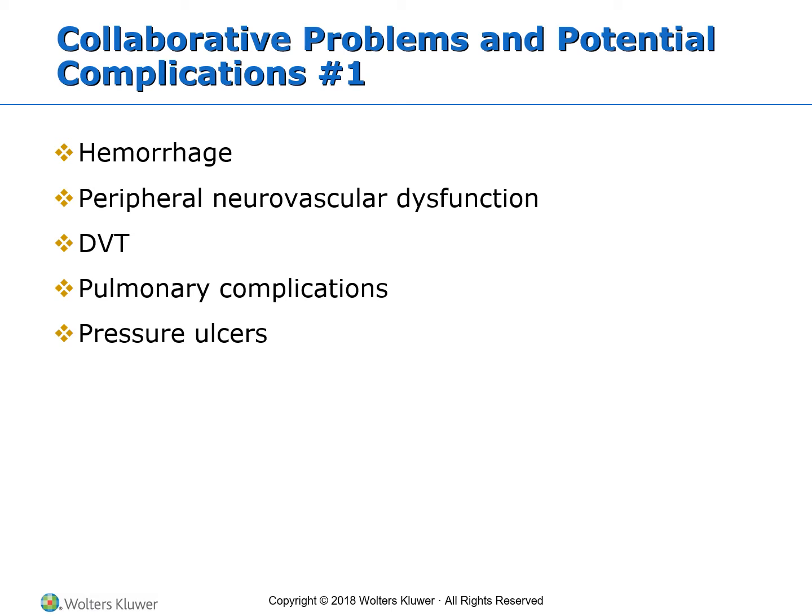DVTs, you want to make sure that they're up and moving as early as possible. They can do the isometric exercises to help with circulation so that they don't get any kind of thrombus formation. Make sure they're doing their coughing and deep breathing. They're using their incentive spirometer so they don't get atelectasis or pneumonia. And then you want to assess for pressure ulcers.